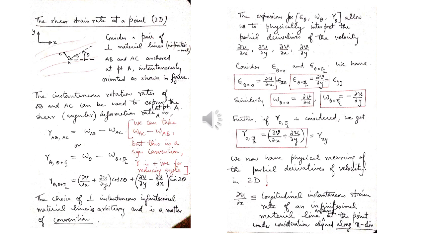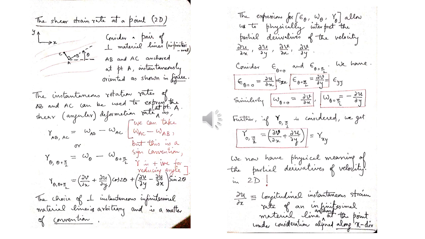It's very obvious that the rate of change of angle between two initially perpendicular material lines AB and AC will be simply equal to the difference of the angular velocities, omega AB minus omega AC.